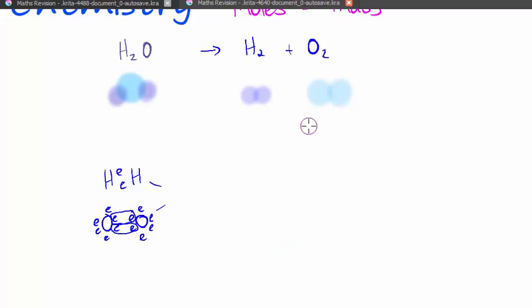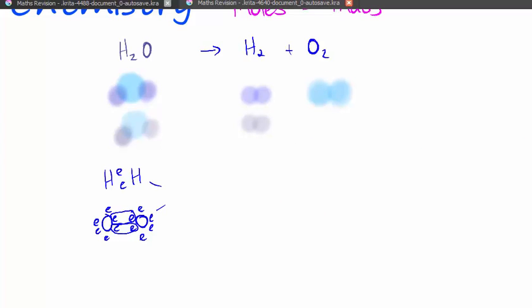Do you notice we need 2 oxygens in order to form an oxygen molecule? So we're going to need another water molecule. So we draw in another water molecule. Okay, and now what will be produced? There were 2 hydrogens, so we need another 2 hydrogens, which forms another hydrogen molecule and 1 oxygen molecule.